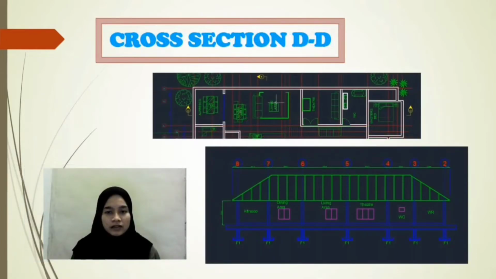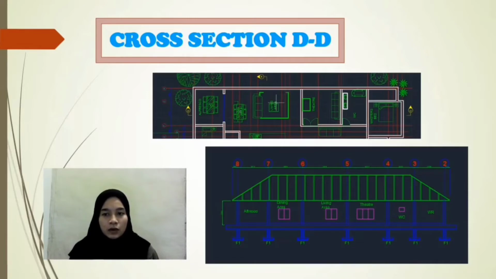Okay, cross section DD. To create a cross section, first draw a line on the floor plan that cuts through a section of the house for which you need to show the cross section detail. First, I copy the floor plan and mark the cross section area.